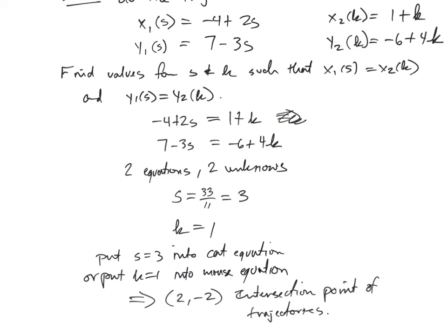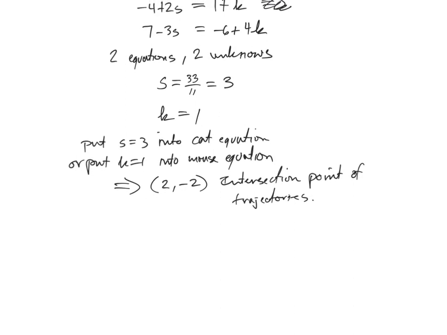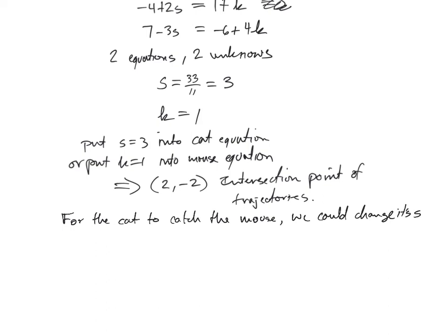Okay, well, we want to help the cat out here. So what can we change so that the cat does catch the mouse? Well, we're going to have to change something. One thing we could change is the speed of the mouse.